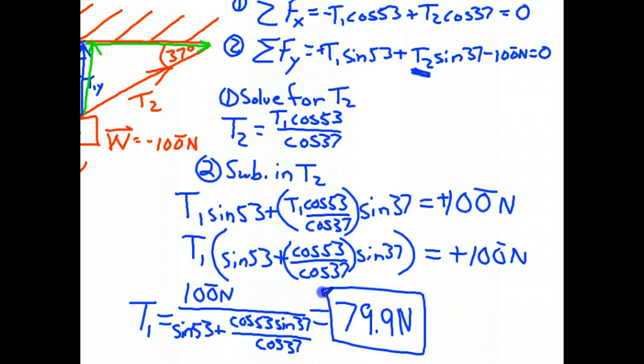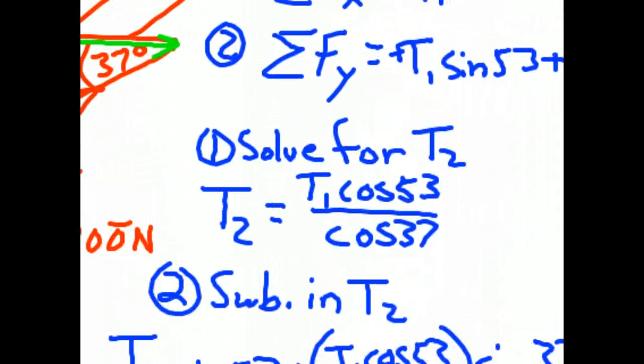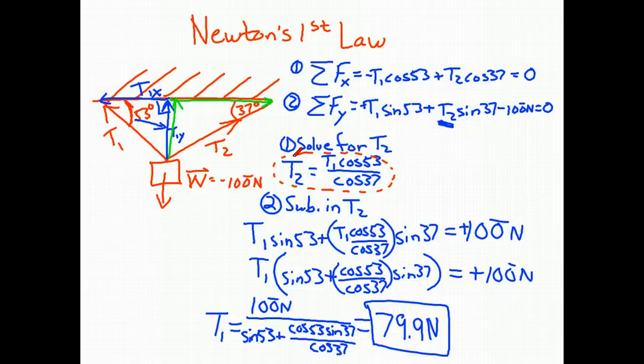Now the nice thing is that we already solved for T2. And that's right here. Okay? So now I'm going to take my 79.9 for T1 and I'm going to plug it into T2. Let's use a black here so we can keep it different.